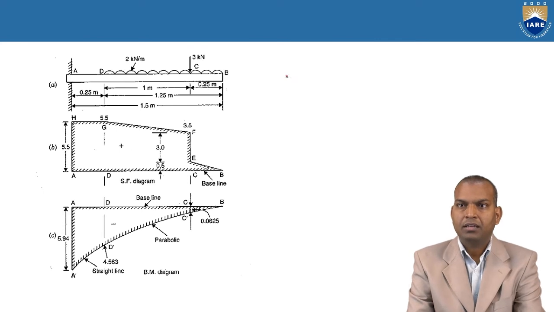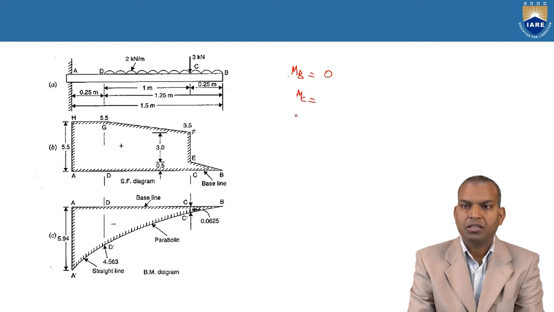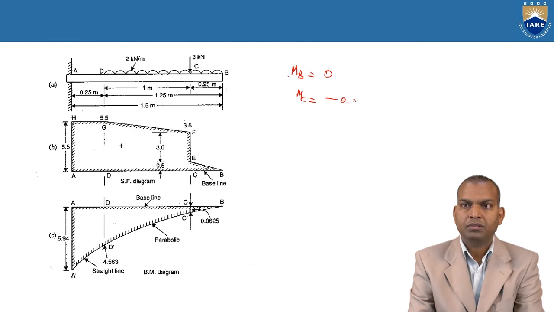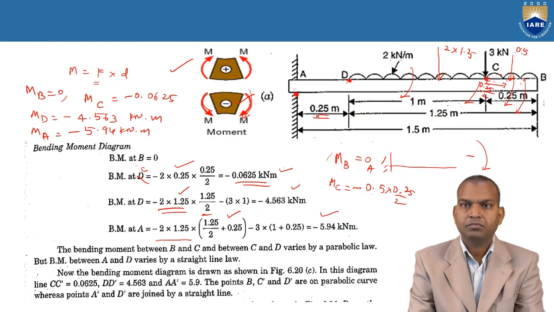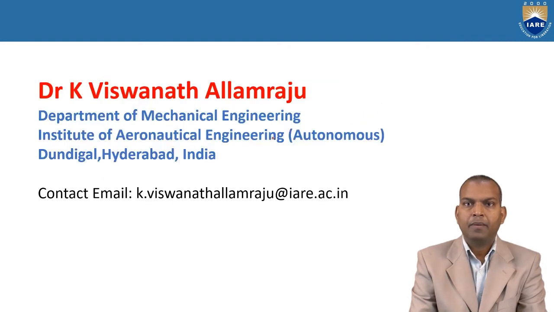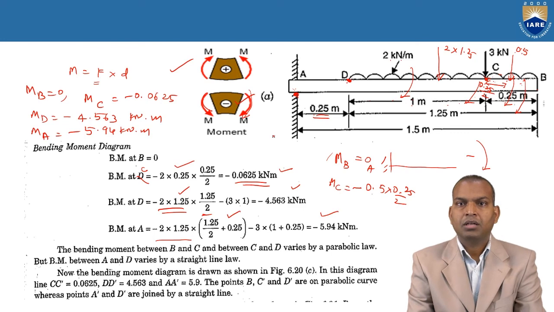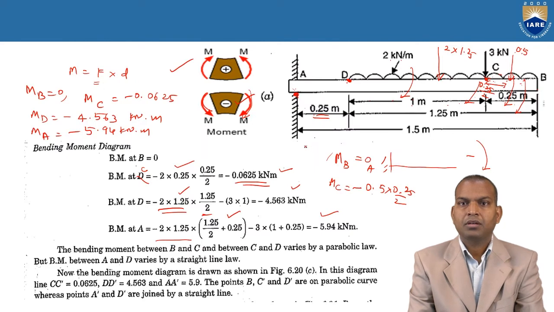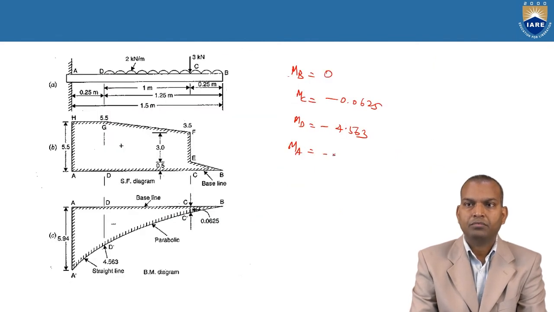So let us again take bending moment at point B, which is 0. Bending moment at point C is minus 0.0625, bending moment at D is negative 4.563, and bending moment at A is minus 5.94 kilonewton meter.